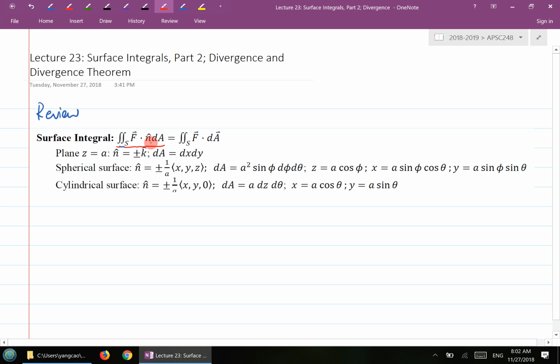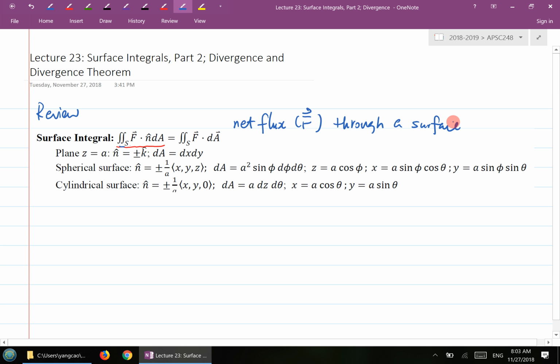F here, we often can think of as representing a certain quantity. So the surface integral gives us what we call the net flux. This flux is represented by this F through a surface. That's actually what a surface integral gives us.